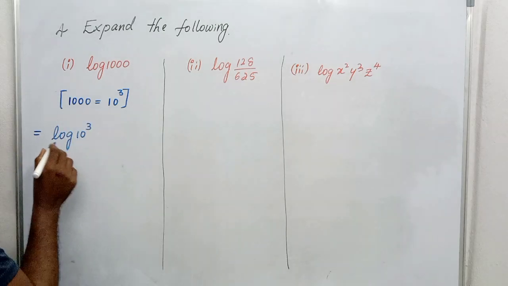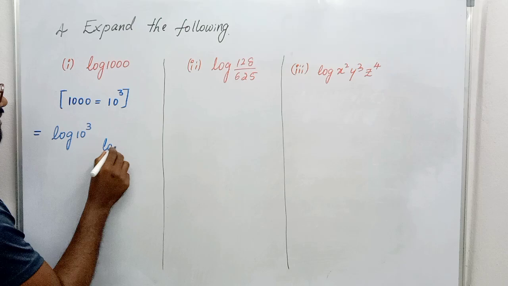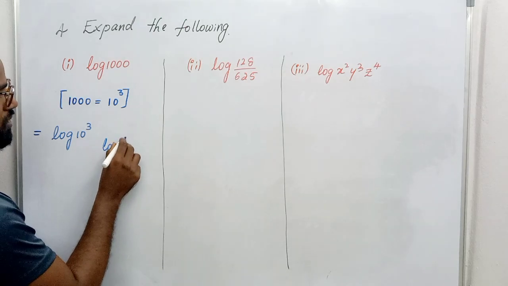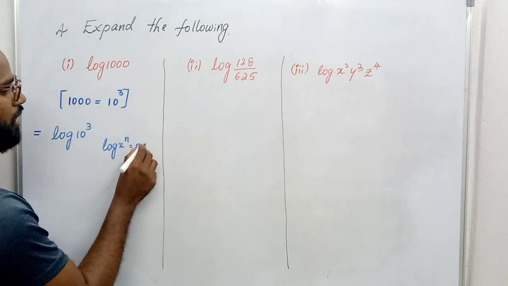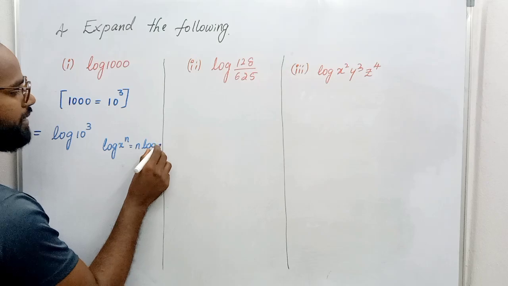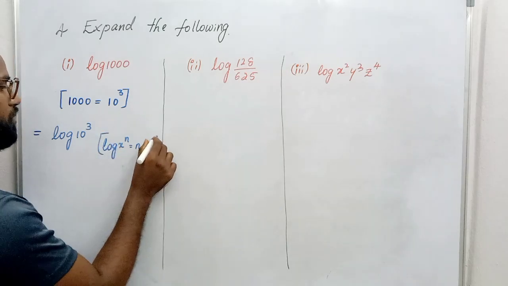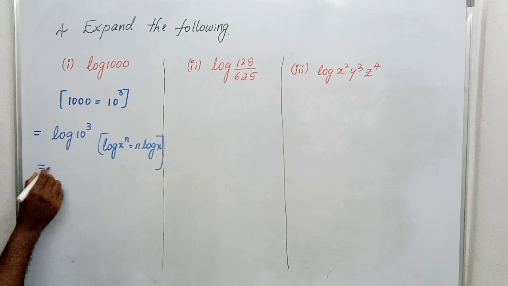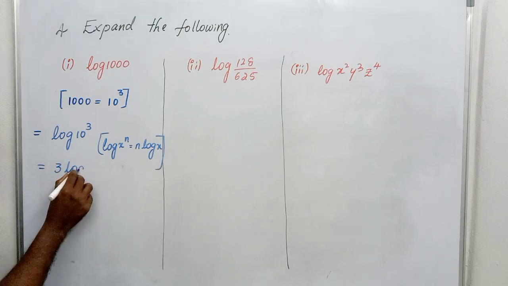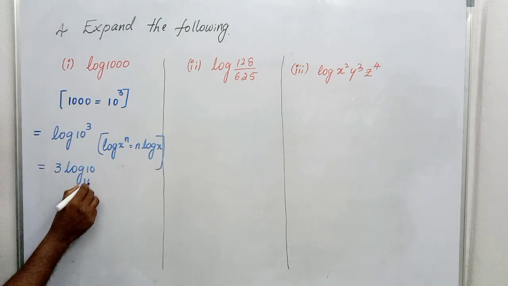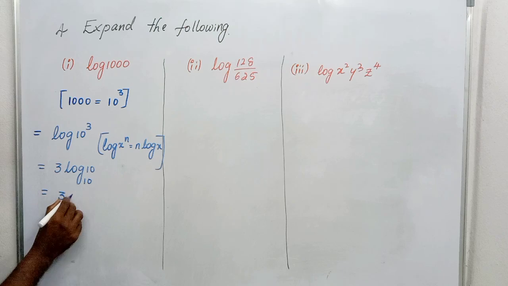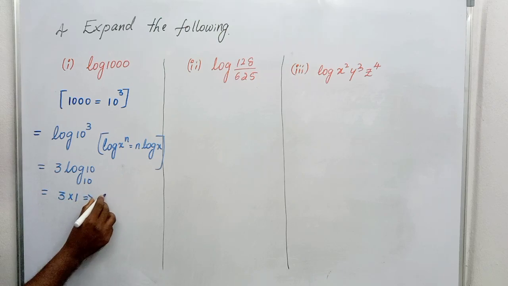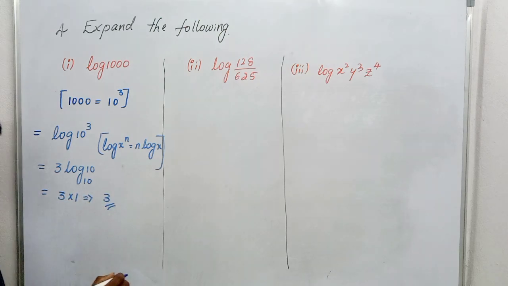It is in the form of log x power n equals n log x. So can I write it as 3 log 10? And base also 10. It becomes 3 into 1, that is equal to 3. That is your answer.